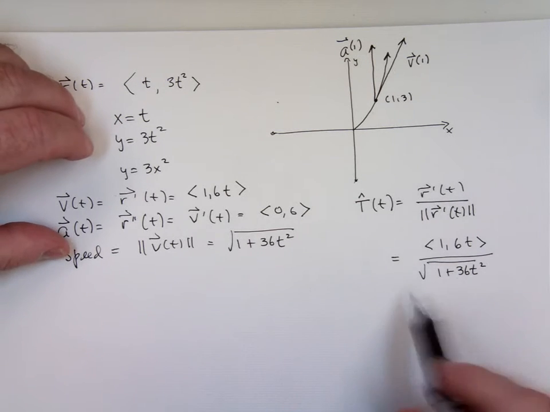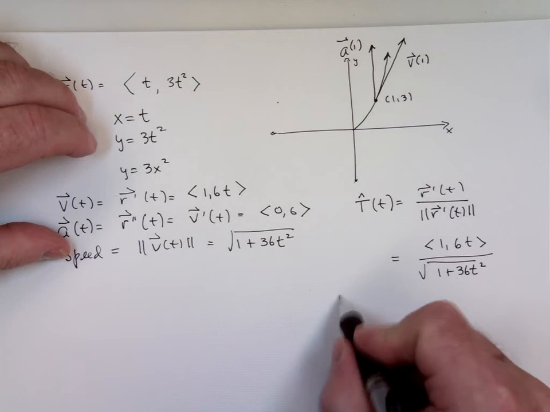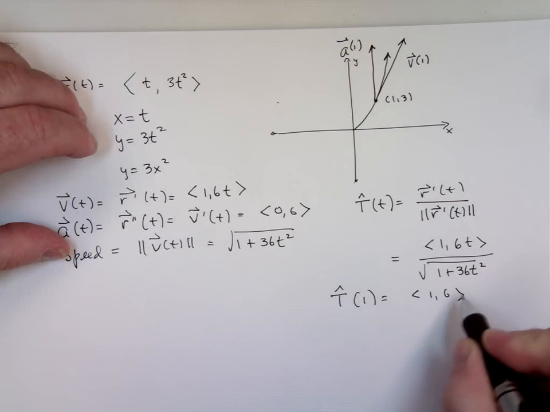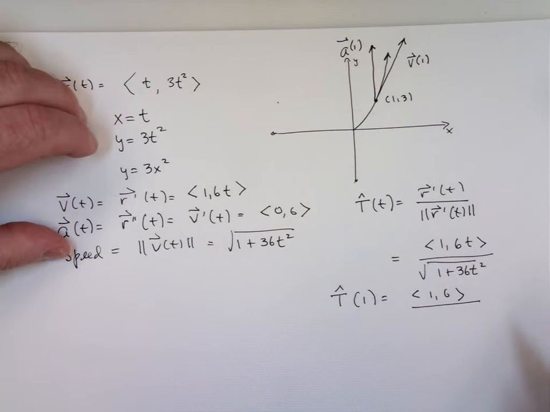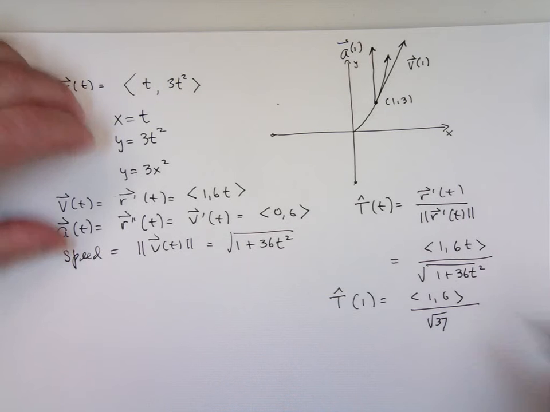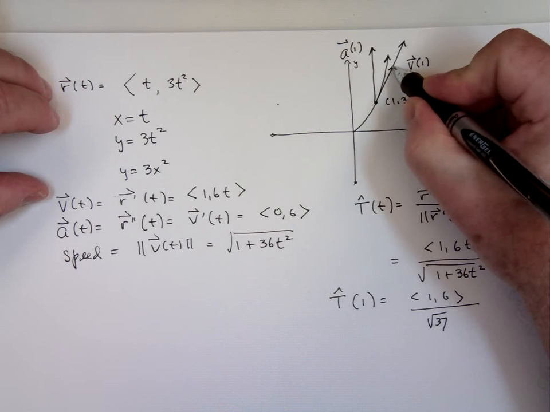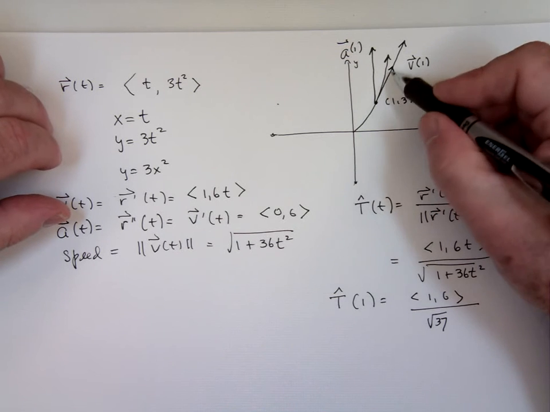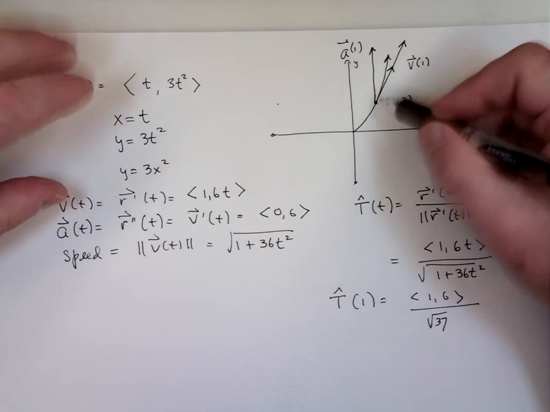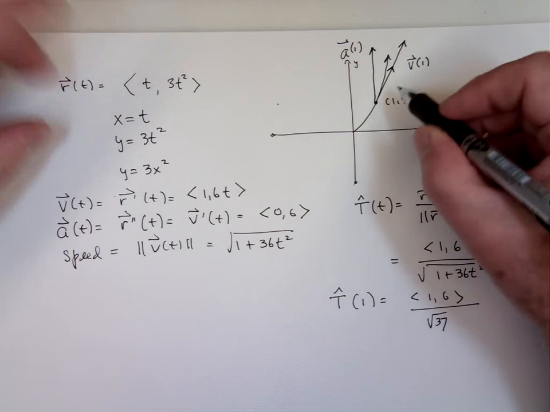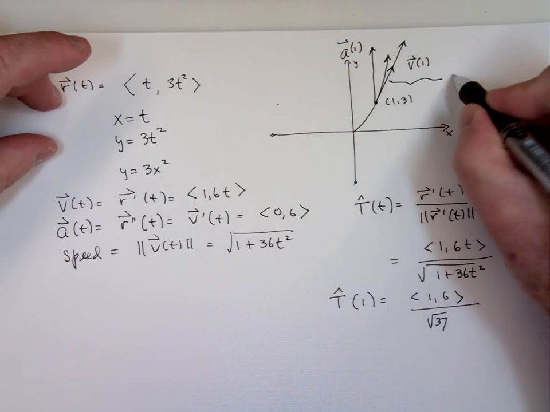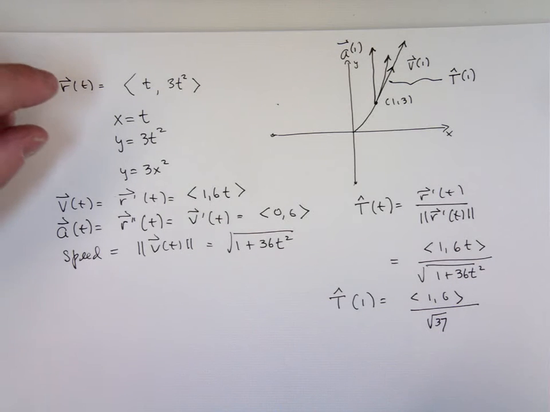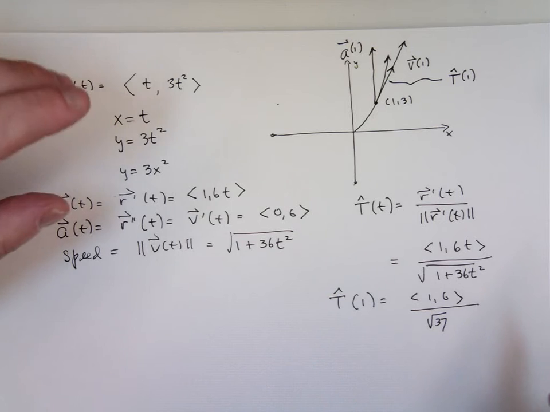Now at t equals 1, that unit tangent is going to be (1, 6) divided by the square root of 37. So it's a vector along the velocity vector, made into a unit vector. It's a velocity vector made into a unit vector is what it is.